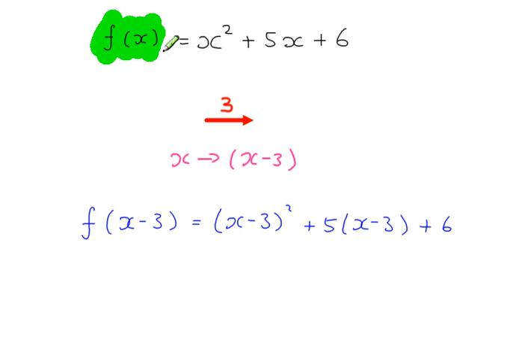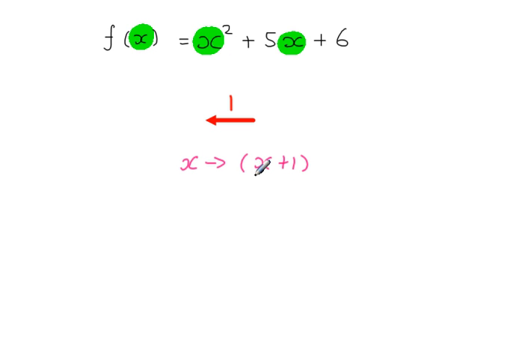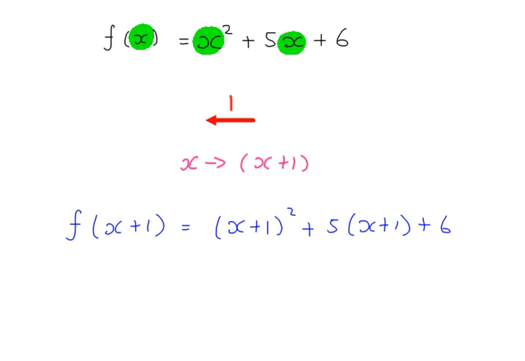So the x here, here, and here, I've replaced all of them with x minus 3, as you can see there. And I can do the same with the translation in the negative x direction. f of x plus 1 is equal to (x plus 1) squared plus 5 (x plus 1) plus 6.